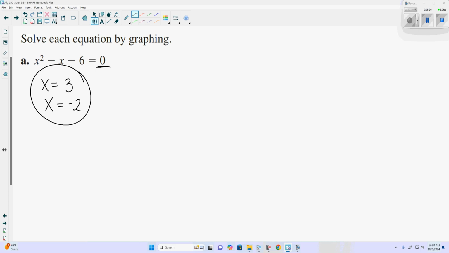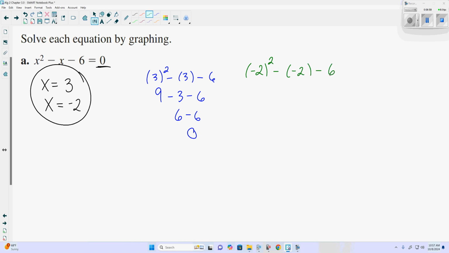Questions on this? Because if we wanted to check this, we could plug those values in. 3 squared minus 3 minus 6. Well, 3 squared is 9. 9 minus 3 is 6. 6 minus 6 is indeed 0. If we did this with -2 to check it, -2 squared minus -2 minus 6.